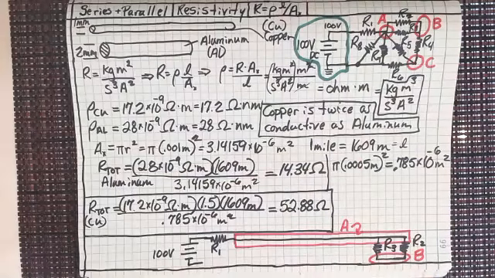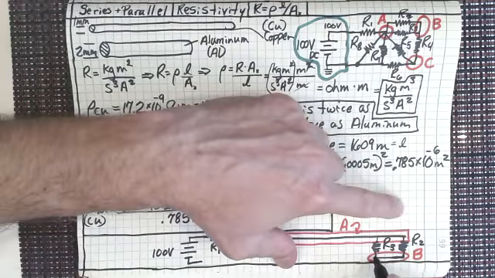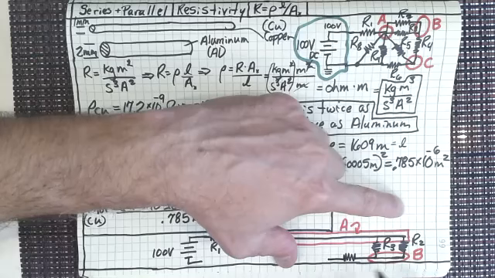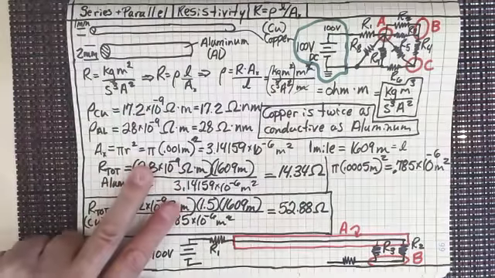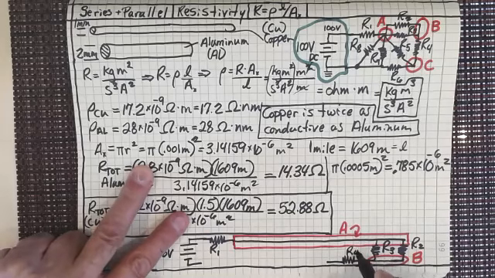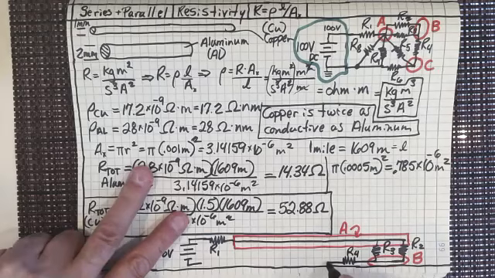Now, what separates node B from node C? I think everybody can see that it's going to be a resistor, right? And we know what resistor that is. That's resistor R4, right? R4 is going between B and C node.